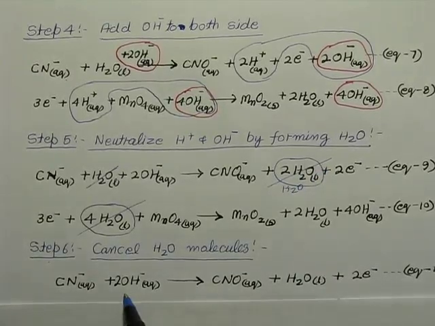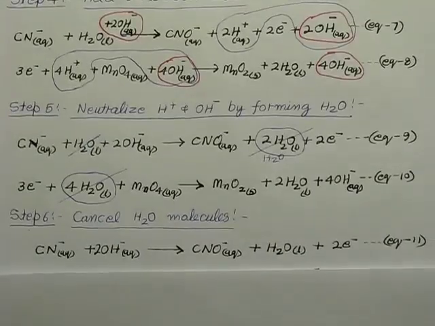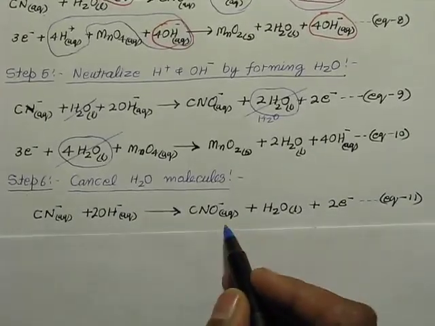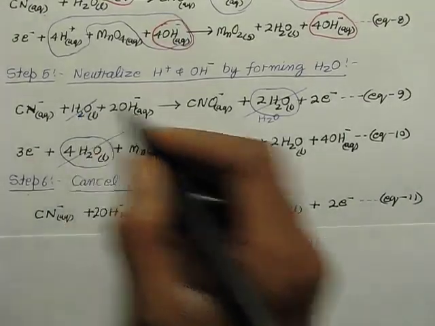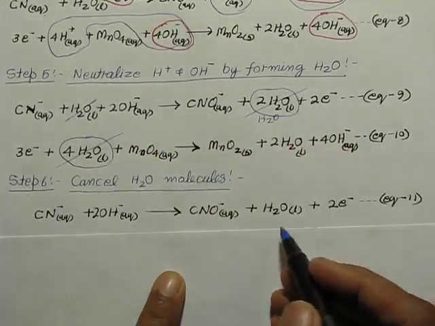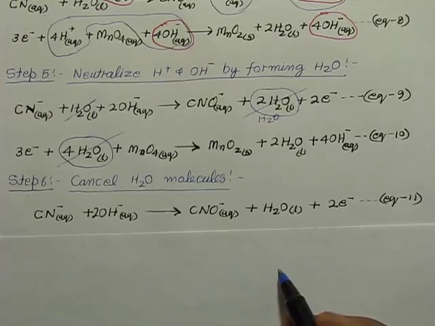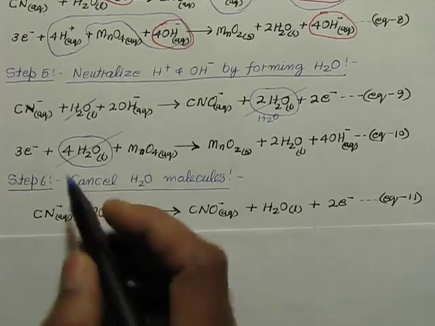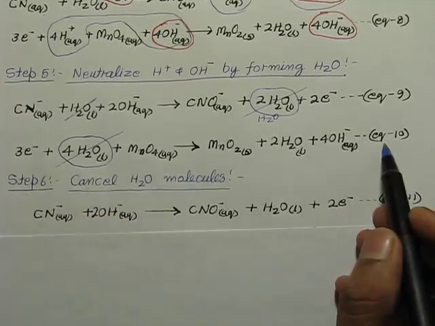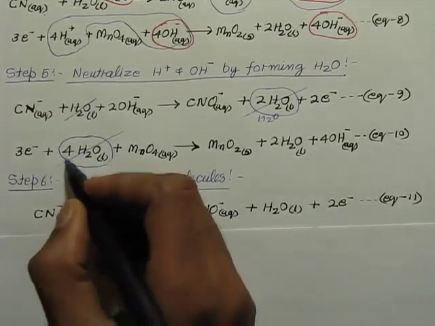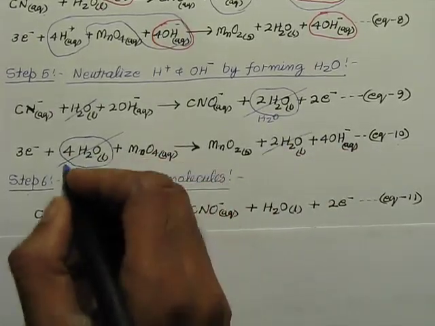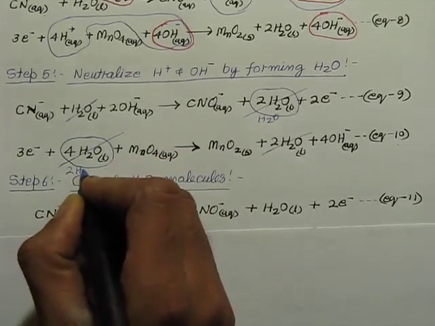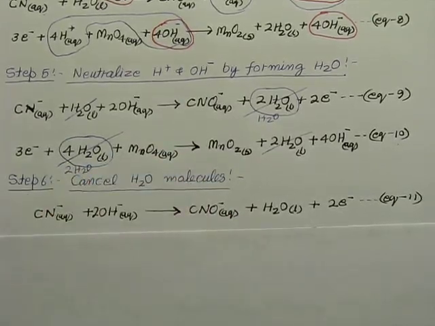So equation number 9 will become CN minus, OH minus, and CNO minus, plus water molecule, only one water molecule remains, one will be cancelled from equation number 9, and we have to cancel the water molecule from equation number 10 also. So 2 water molecule on the reactant side and 2 will be cancelled from here, so only 2 water molecule will remain on this side.